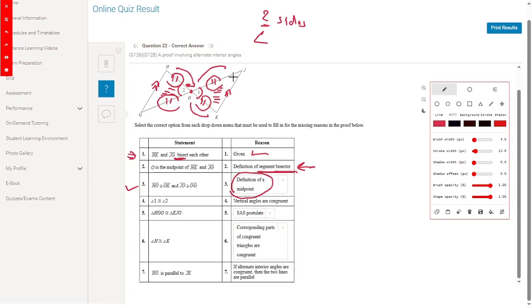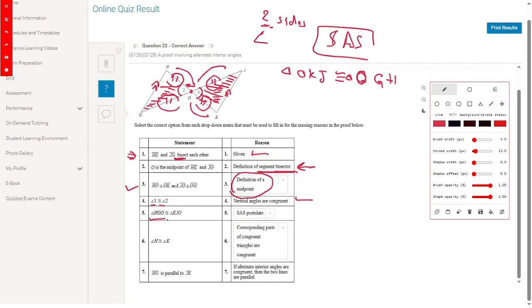That means I can prove this triangle OKJ is congruent to triangle GOH, with K corresponding to G and J to H. These two triangles are congruent because of two sides and one angle, so it is the SAS postulate, side angle side.